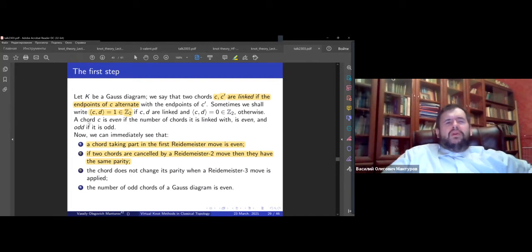So either they're all even, or there are two odd ones and one even one. And actually the fourth is not an axiom, it's just a property.